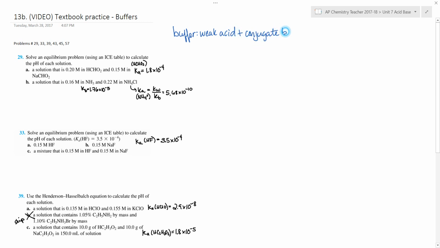The generic formula for a weak acid is just HA, where A stands for some generic anion. The way you find the conjugate base is by removing a hydrogen from the acid. So if I remove a hydrogen, what's left is A. Since originally this was neutral, once I take a positive hydrogen away, this now has a -1 charge. So that's just a generic example of when we have a buffer.